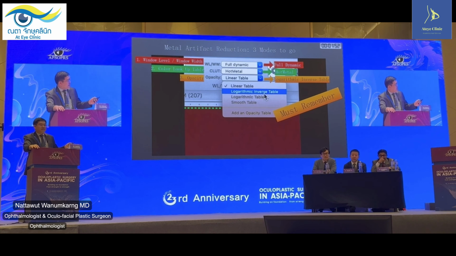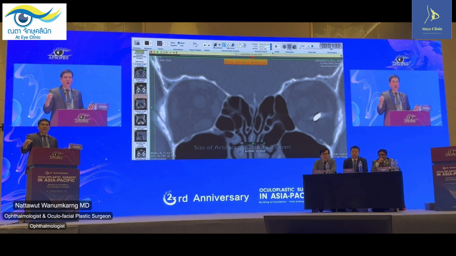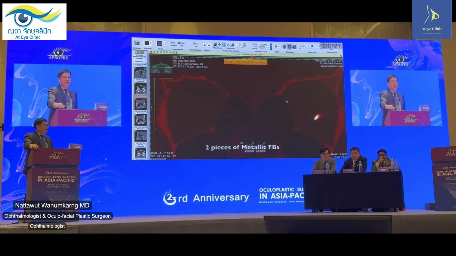You can see the initial image with the artifact, because in the CT scan the image comes out because of the scattering from the foreign body. When you apply these three modes, you can reduce the size of the artifact. And we can see that there are two tiny 1 millimeter pieces of foreign body.